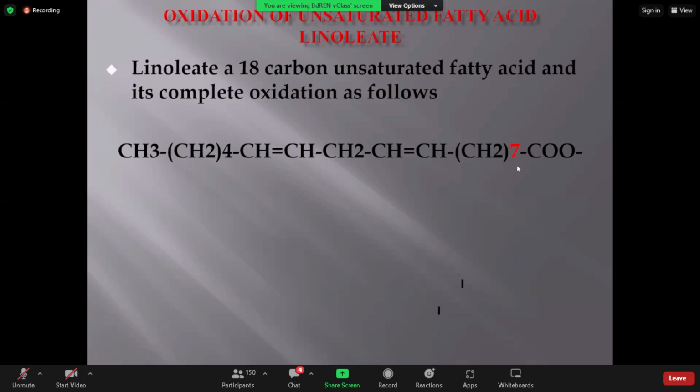So to release this 7 carbon, 2 at a time, this is 2 carbon as acetyl coenzyme A. So 3 rounds will happen and 6 carbon will be released over here.